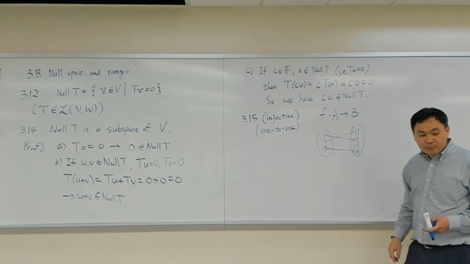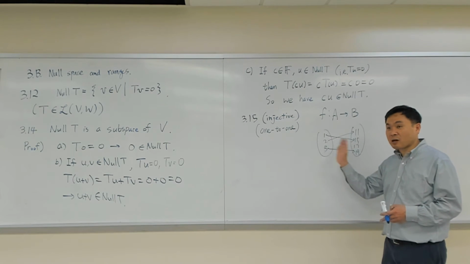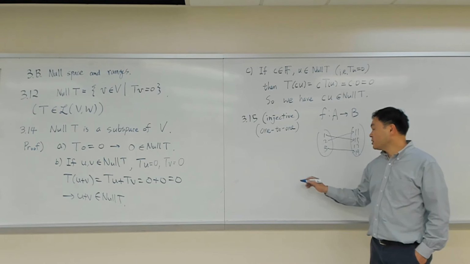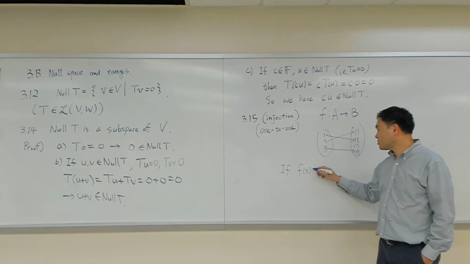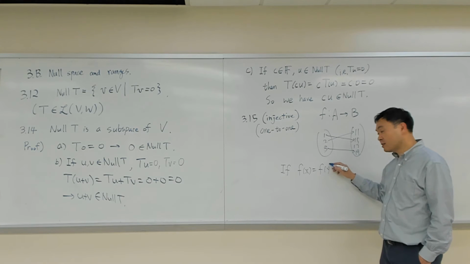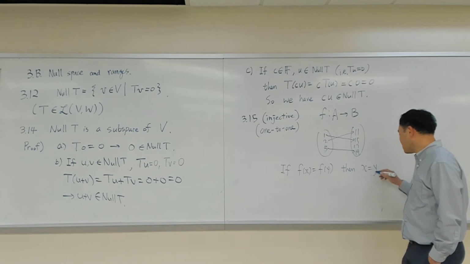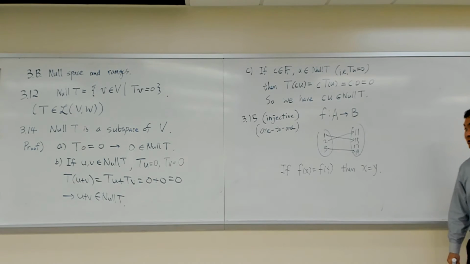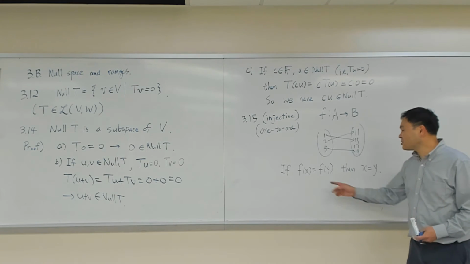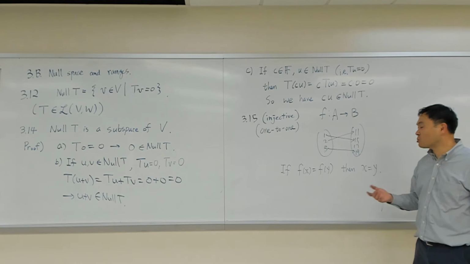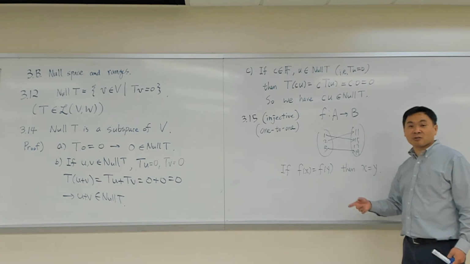Now, a better way to state this property is the following. If f of x is same as f of y, then x and y should be the same. That's injectivity. Well, you know, this is the simpler version to prove, but really what it's saying is that if x and y are different, it never goes to the same thing.